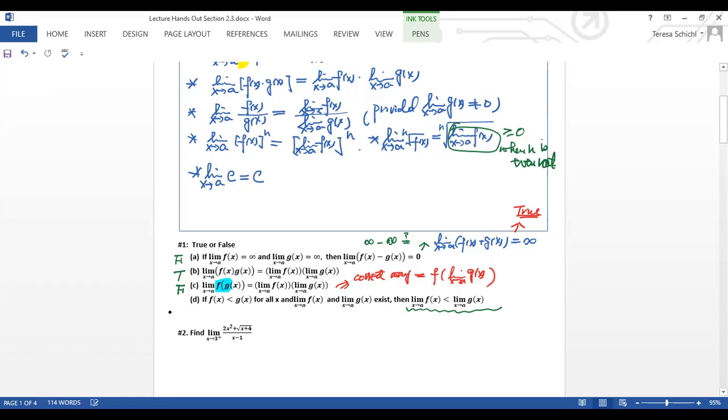But this is not. So this is false. The reason why it's false, let me give you a counterexample. I try to find one example that doesn't work. So let's say here we have f of x equal to negative x squared.